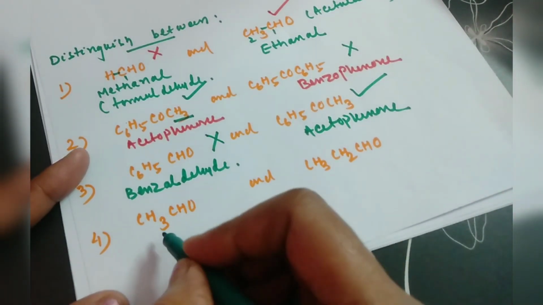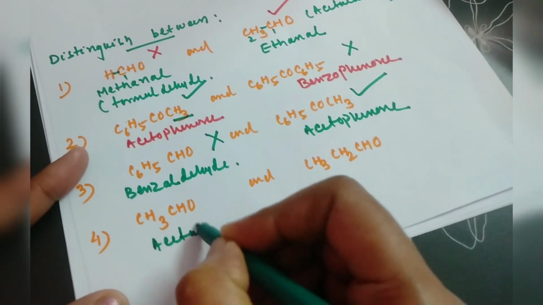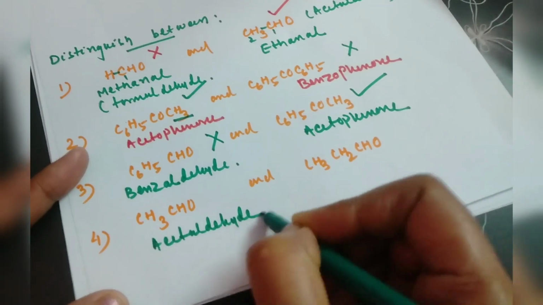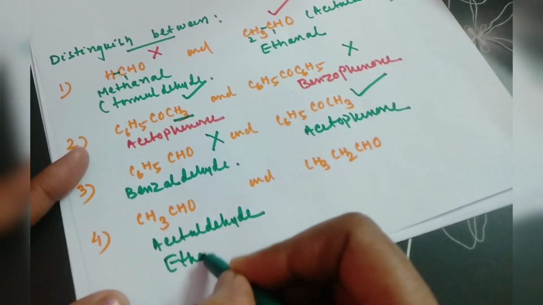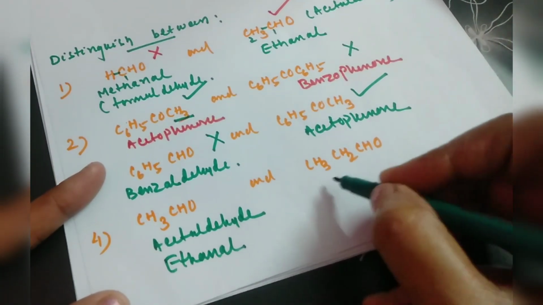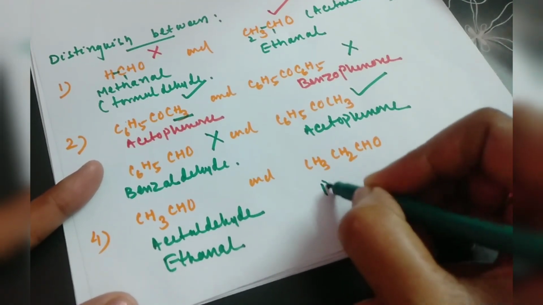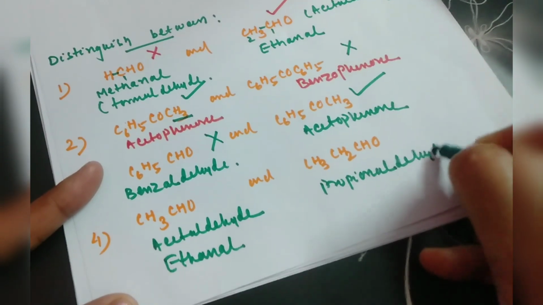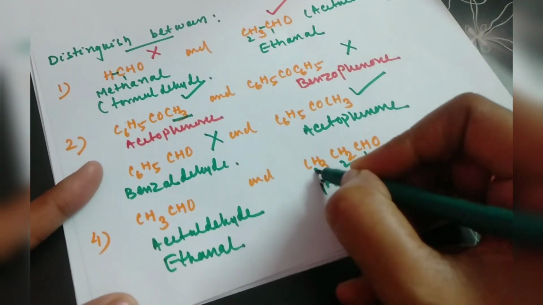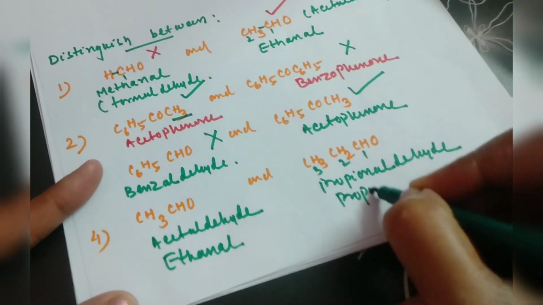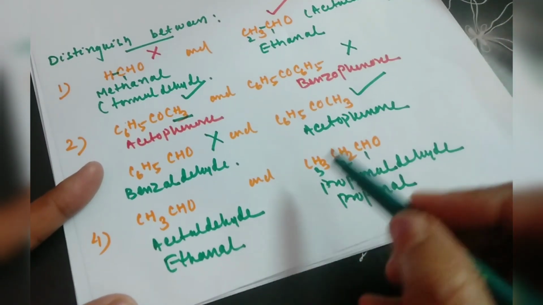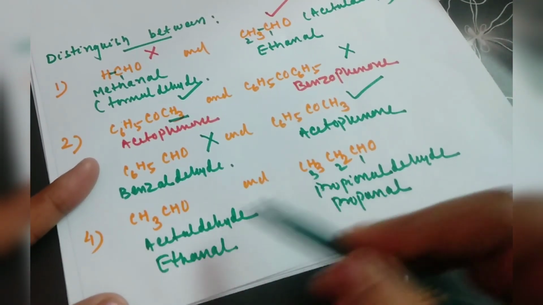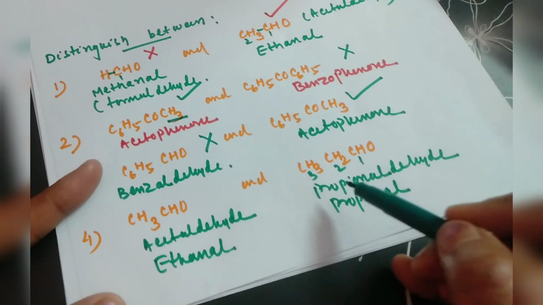Similarly, another one is acetaldehyde or ethanal, and this one is your propionaldehyde or propanal. So tell me which of the following two will give the iodoform reaction?